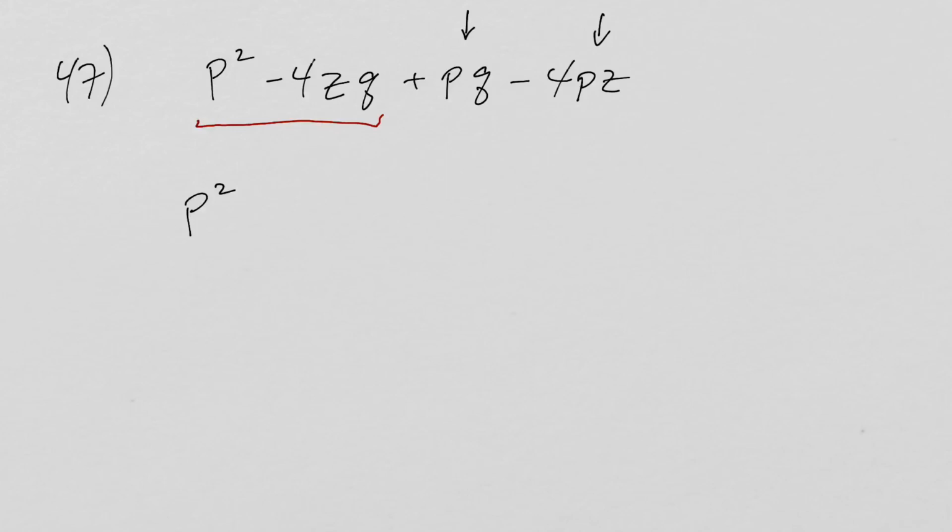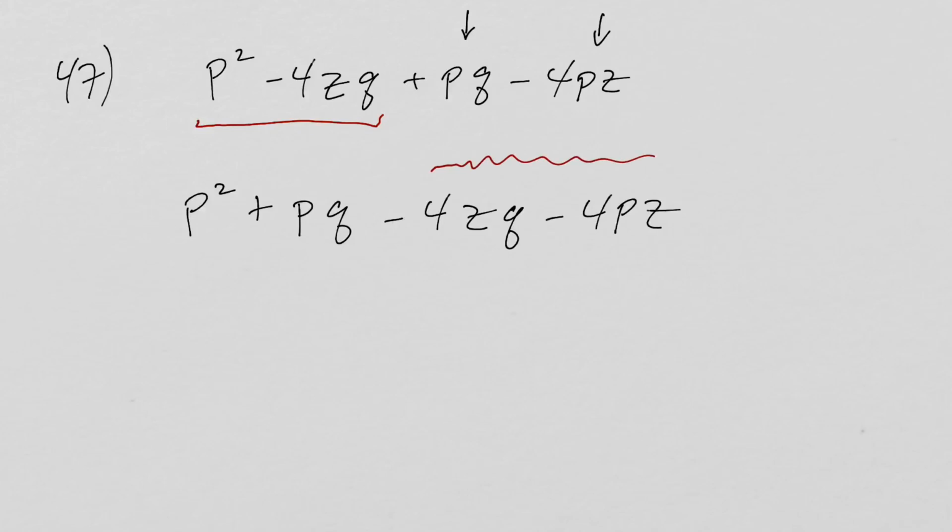So let's say I chose this one, plus pq, and then I'll do minus 4zq minus 4pz. Now, I did this in a rush, and I may have put these backward, but it's okay. We'll see how that's going to work in just a moment.